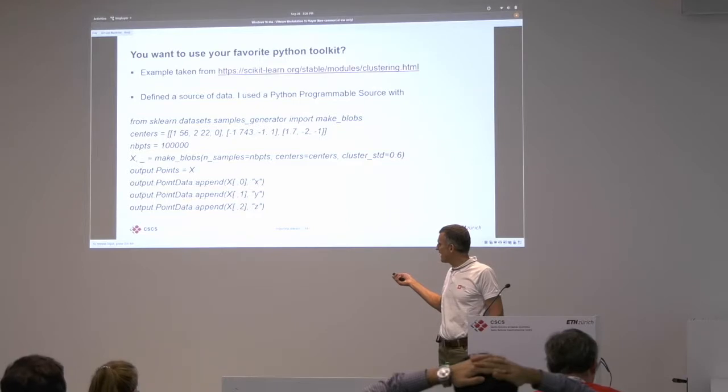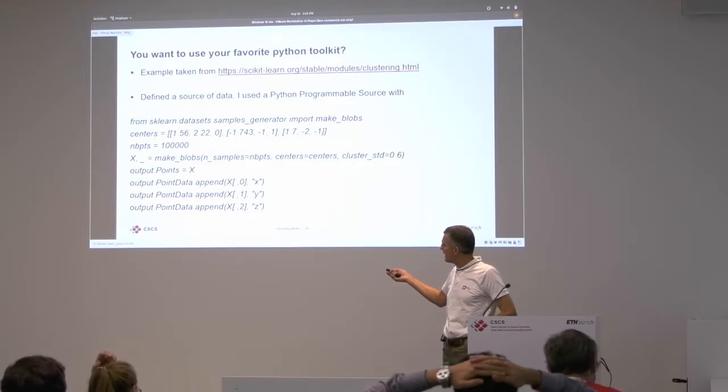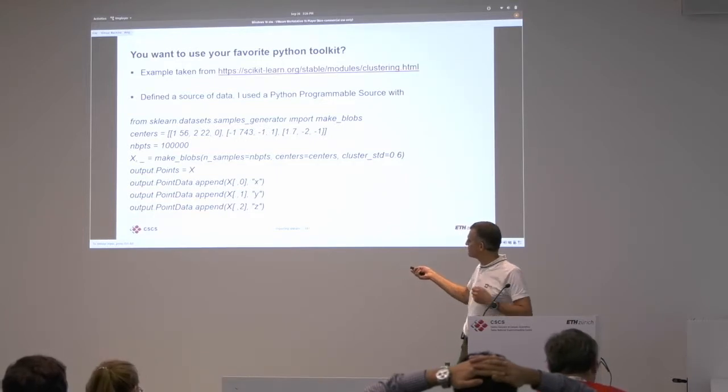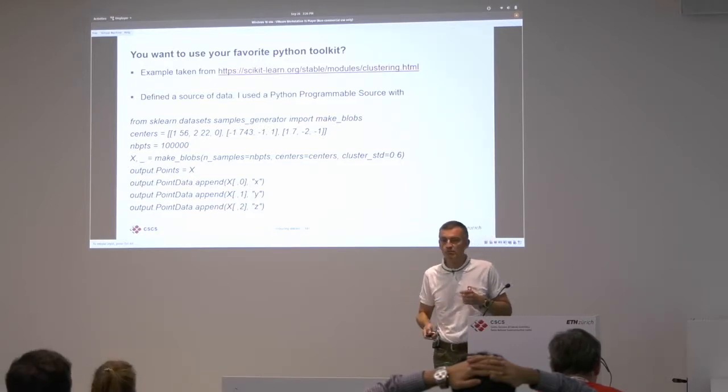Same thing for Y, same thing for Z. Those lines of code are specific to Python, that's the first lines. And those last 4 lines of code are specific to ParaView.